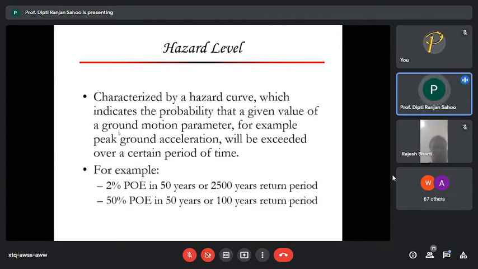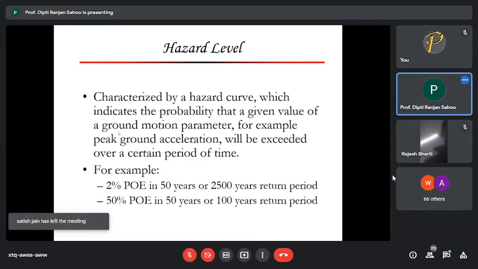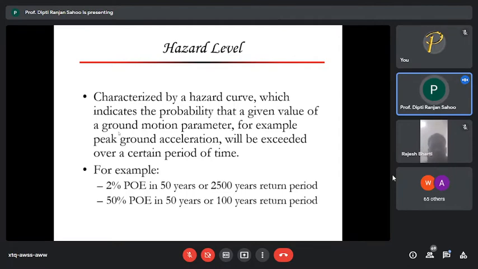When I define this, the probability of 2% in 50 years, if you do the probability analysis, gives a return period close to 2,475 years. A 50% probability of exceedance in 50 years gives you around a 90 or 100 year return period. Now, rather than defining minor earthquake, major earthquake, moderate earthquake, I can always set the probability of exceedance of that earthquake in 50 years, or the return period of 100 years.